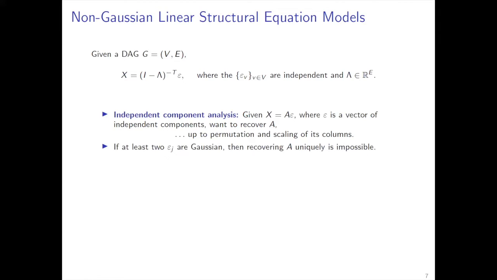And the thing is that if at least two of these epsilons are Gaussian, then you can't recover A uniquely. This just comes from the observation that if you have two independent Gaussian variables, there exist infinitely many linear transformations that will keep them independent. Because if you have two variables, then their covariance matrix is just a 2x2 matrix, right?